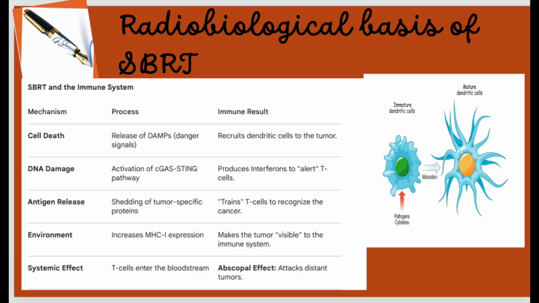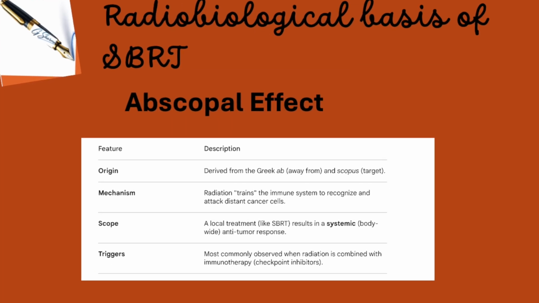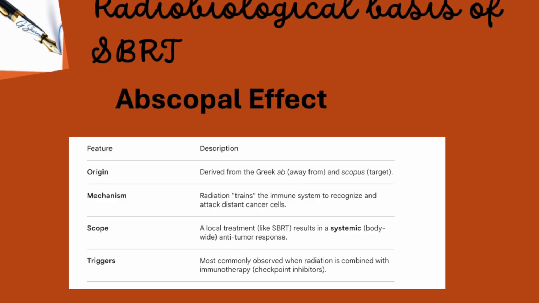We can damage the tumor blood vessels and even stimulate the immune response. So SBRT is not just physically precise, it is biologically powerful, because an immune response is also triggered here. That's quite an interesting thing, right?